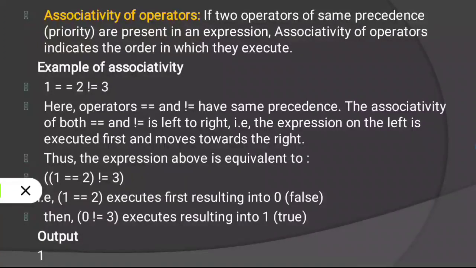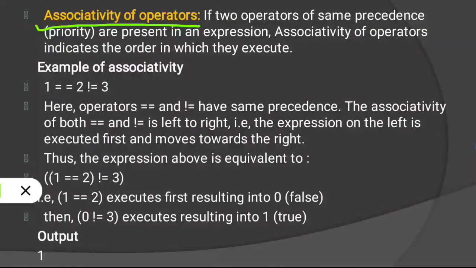Same group means, from arithmetical operators, if two or more operators are there, or from relational operators, two or more operators are there, then that is called same group. Then how we will solve the expression? That rule is called associativity of operator.